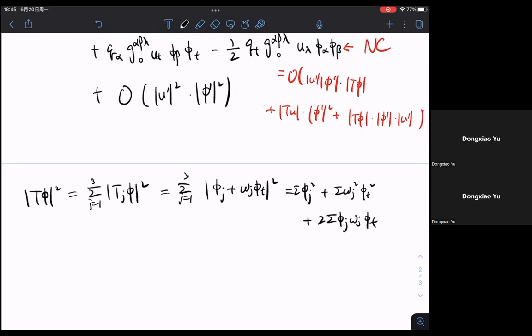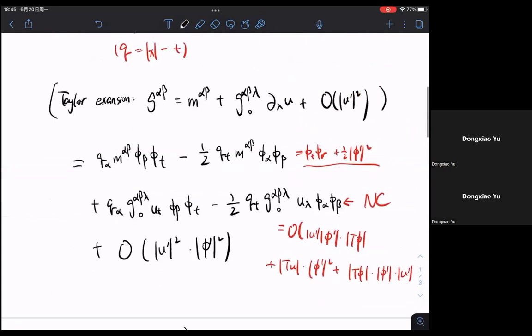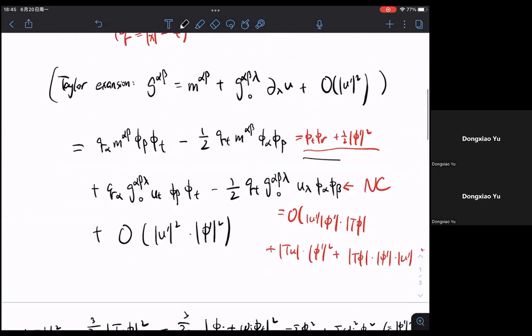So the first row is equal to phi prime squared. And the second row is equal to 2 times phi t times phi r, because the sum of omega j phi j is equal to phi r. So in summary, T phi squared is equal to 2 times phi t phi r plus phi prime squared, which is equal to 2 times this underlined part here.